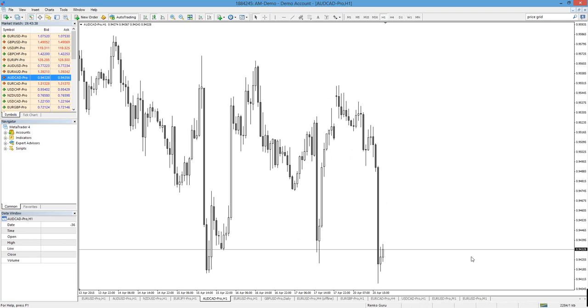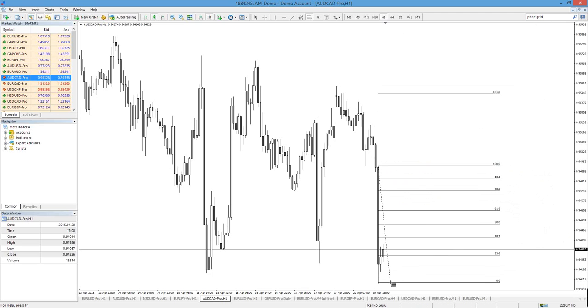The only thing where you can possibly look for an entry, maybe, but only maybe, is a momentum trade at 61.87, 8.6 or 8.6 because of this Marubozu candle.